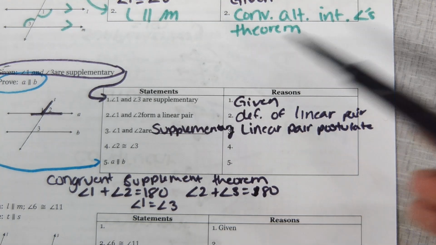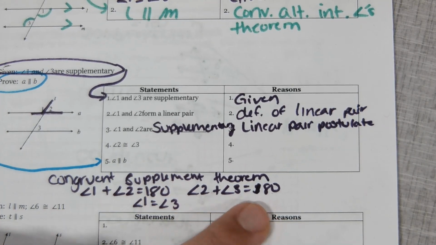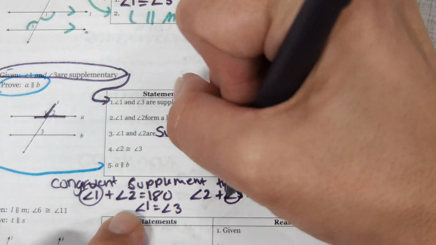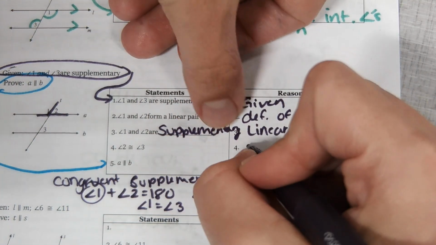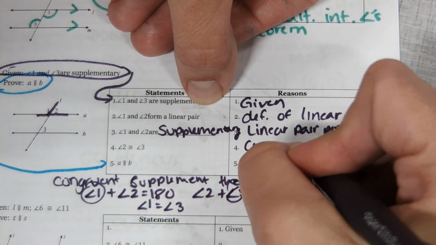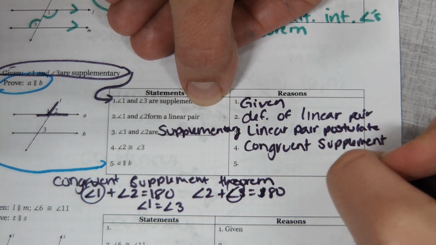Should have used the numbers they had up there, but I didn't. Anyway, so 1 plus 2 is 180, 2 plus 3 is 180, so therefore 1 and 3 must be equal to each other, because with angle 2, they equal 180. So that's the reason for the next one. So congruent supplement theorem.